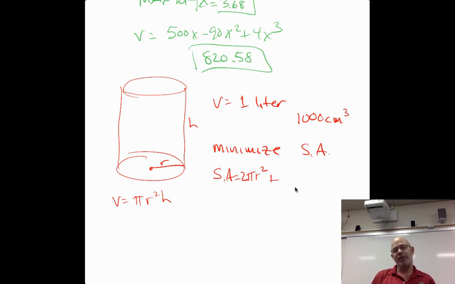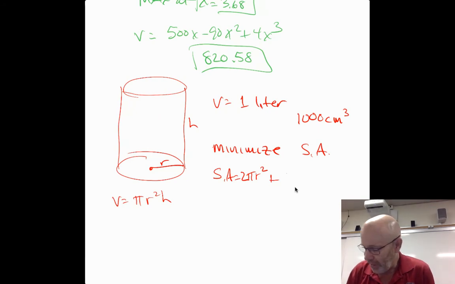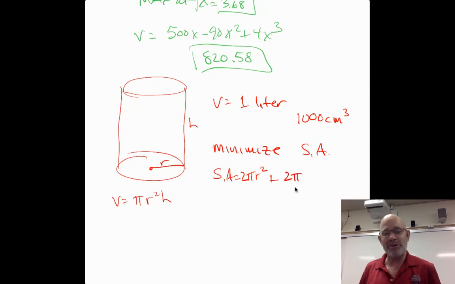If you think about opening up this can, it just makes a rectangle. The width or length of the rectangle is the circumference of the circle, and the height of the rectangle is just the h. That's called lateral surface area, a little geometry term you probably did, probably been a long time now. So 2 pi r, which is the circumference, times the height.